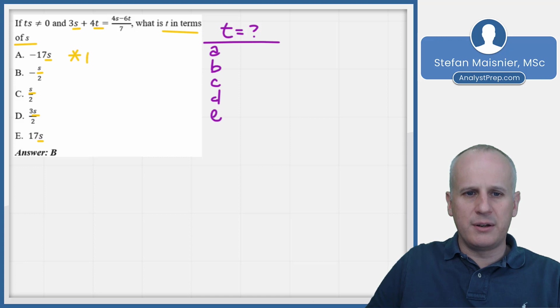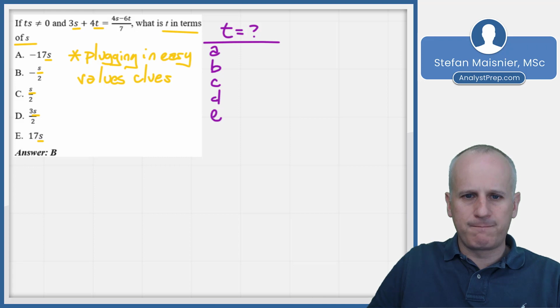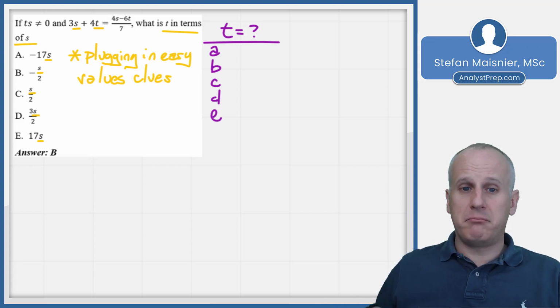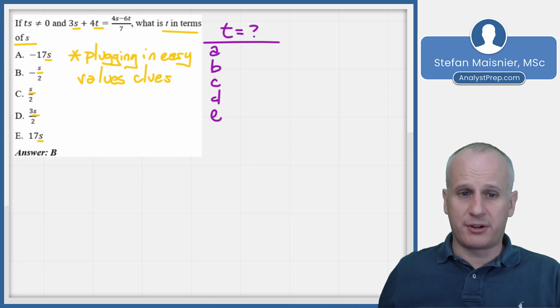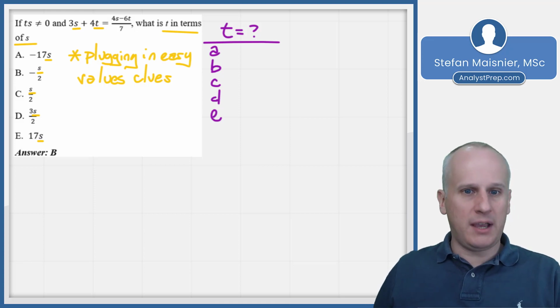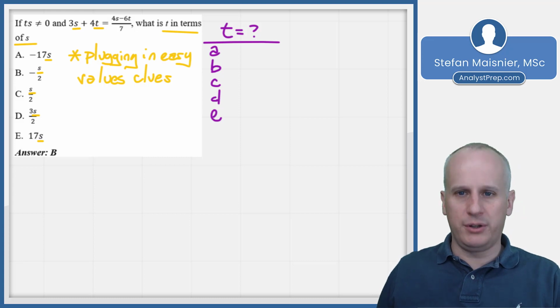So these are going to be plugging in easy values or modeling clues. So I could potentially model this. You could plug in a value for S, determine what T is, and work through it. It's still probably going to take a little bit longer than we'd like on the exam, though. So let's say, yes, I could model this, but I'd really rather not.